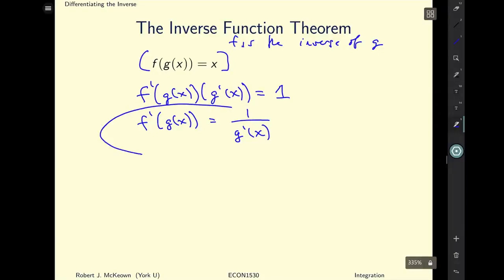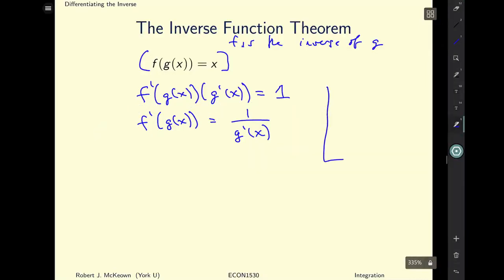And here is our inverse function theorem. The derivative of f prime is going to be equal to 1 over the derivative g prime. Now, we can go a little bit farther here.